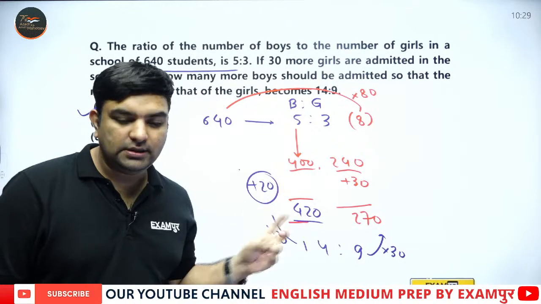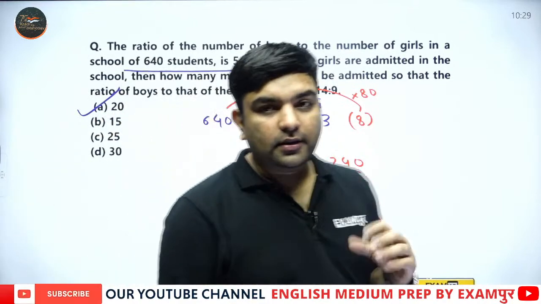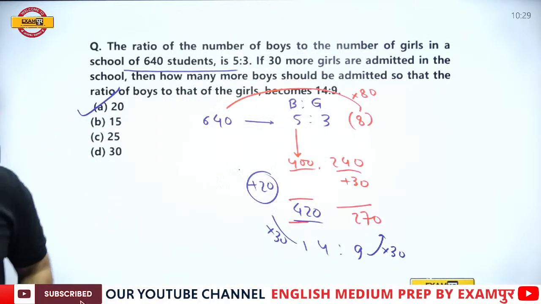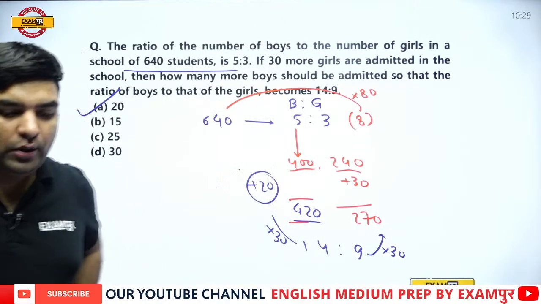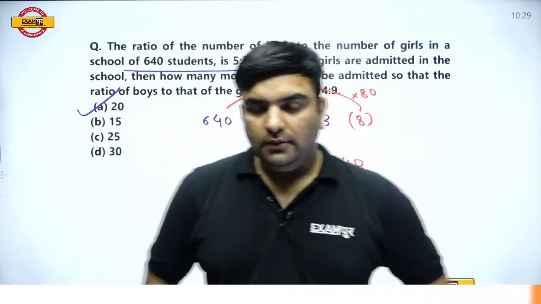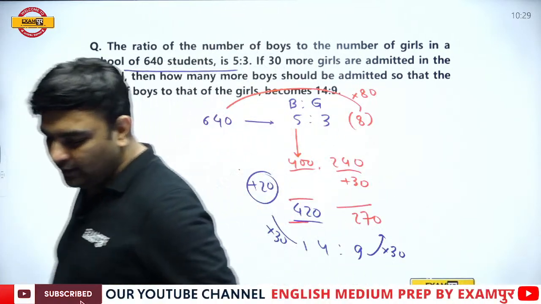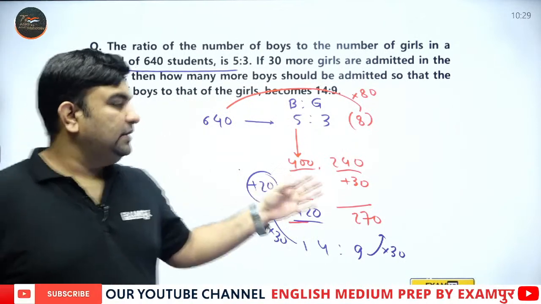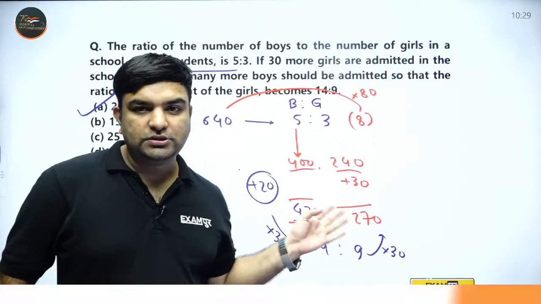How many added? 20. Can we do it by the ratios only, guys? Let me check your concepts. No, because different values are added to both.